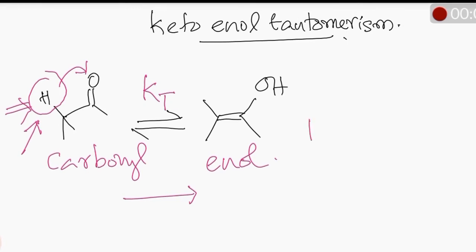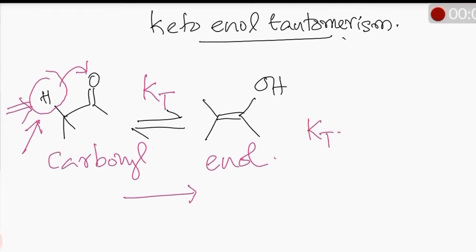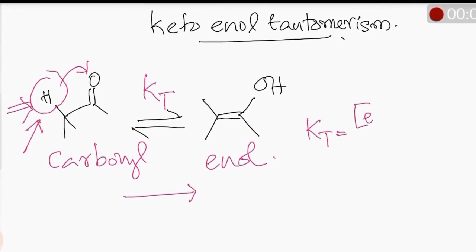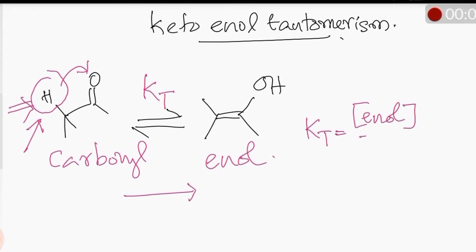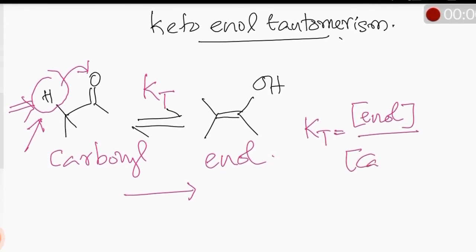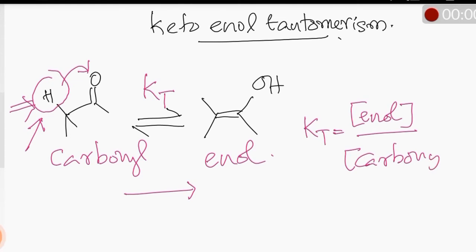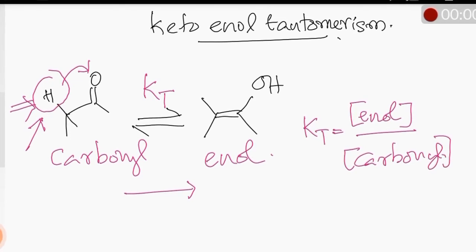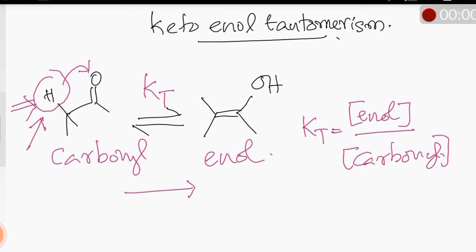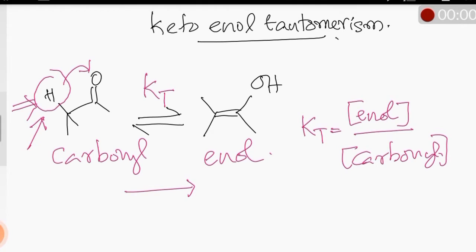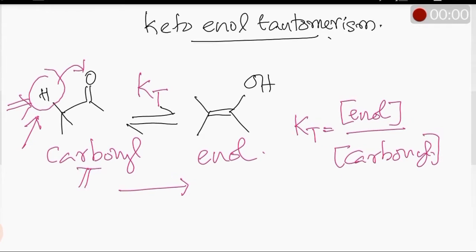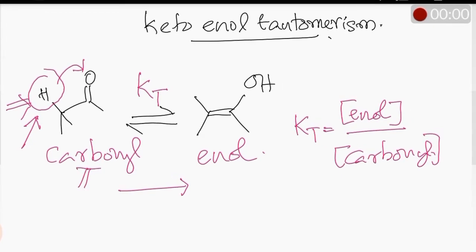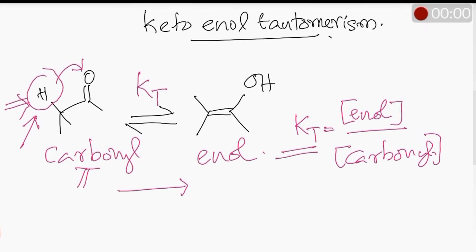So the equilibrium constant for tautomerism is nothing but the ratio of the molar concentration of the enol to the molar concentration of the carbonyl group. Normally, the carbonyl form is favored. The structure of the carbonyl and the enol can significantly affect this KT.